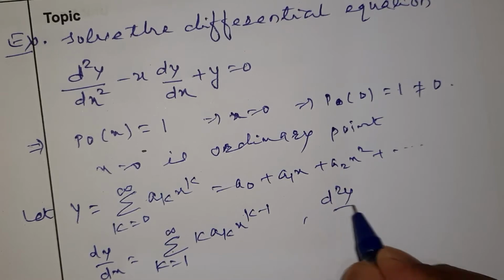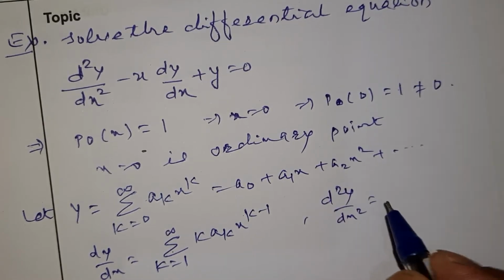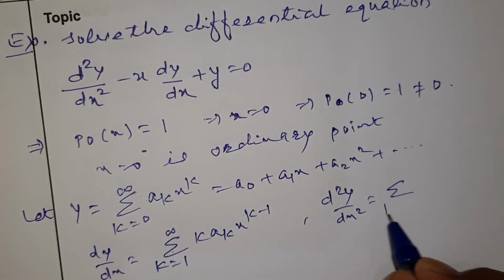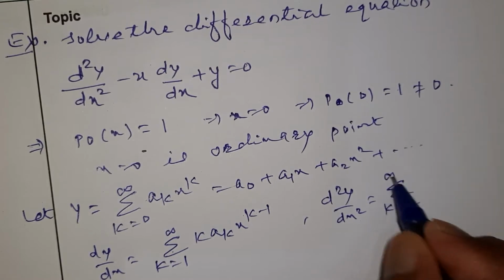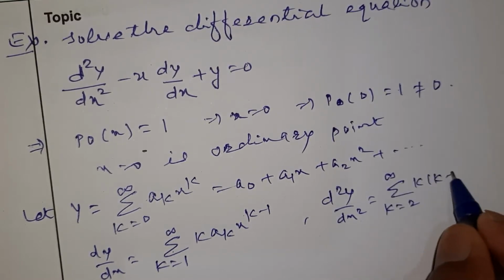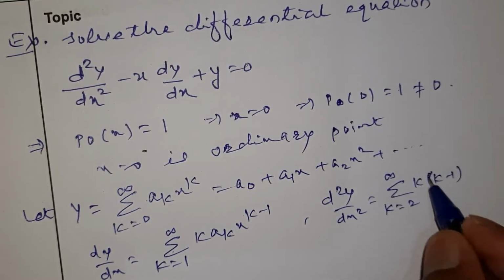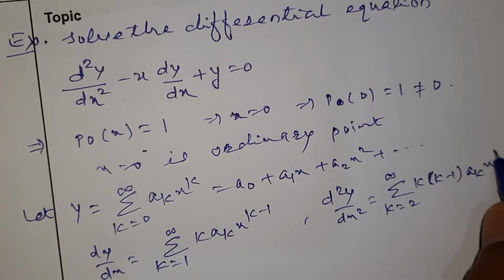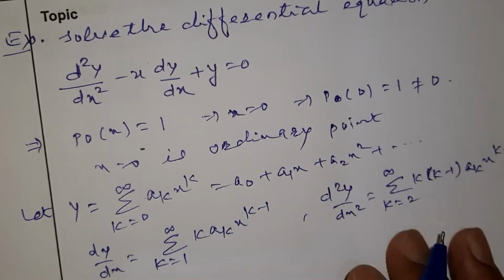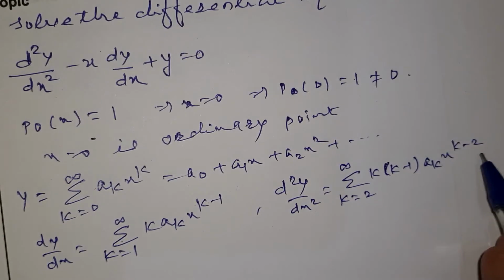Then d2y by dx square, the double derivative, is summation k equal to 2 to infinity, k into k minus 1, ak x raised to k minus 2.